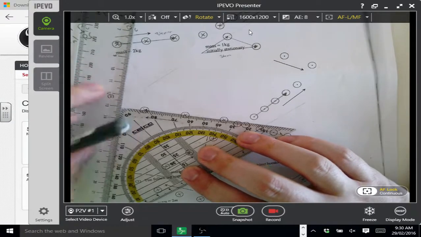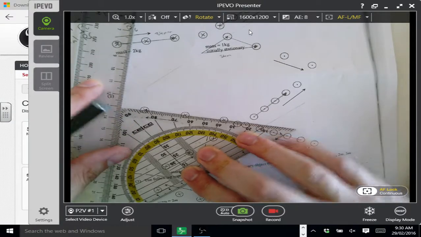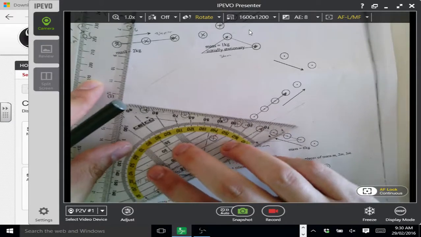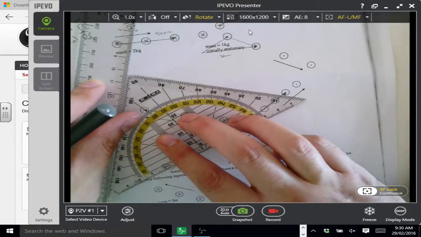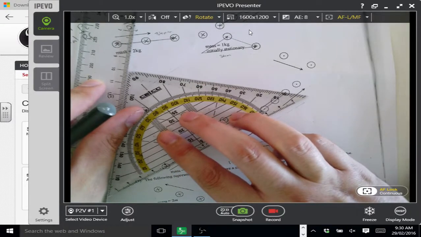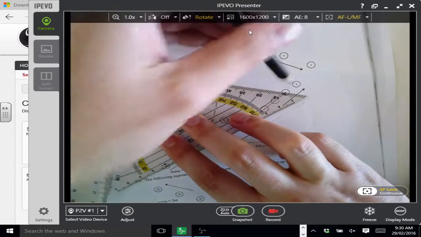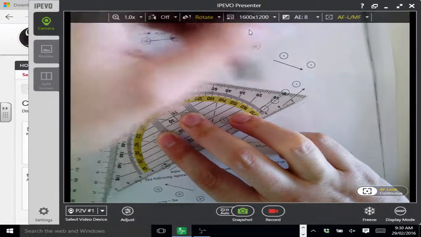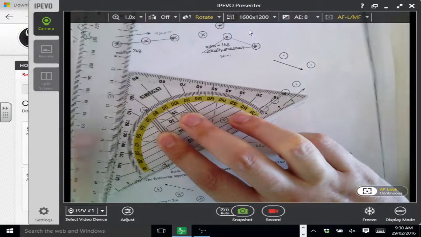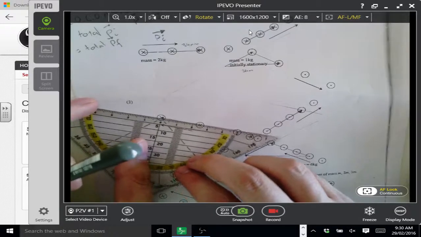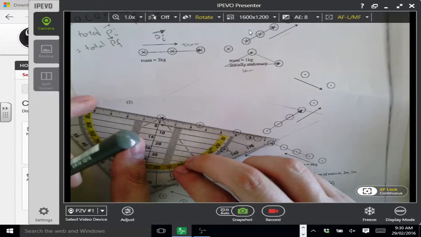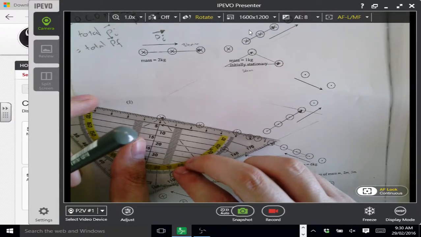Okay, so pivot that around till you get the right direction and shift it up. Soft line. All right, I didn't measure that. That is exactly 25 millimeters.